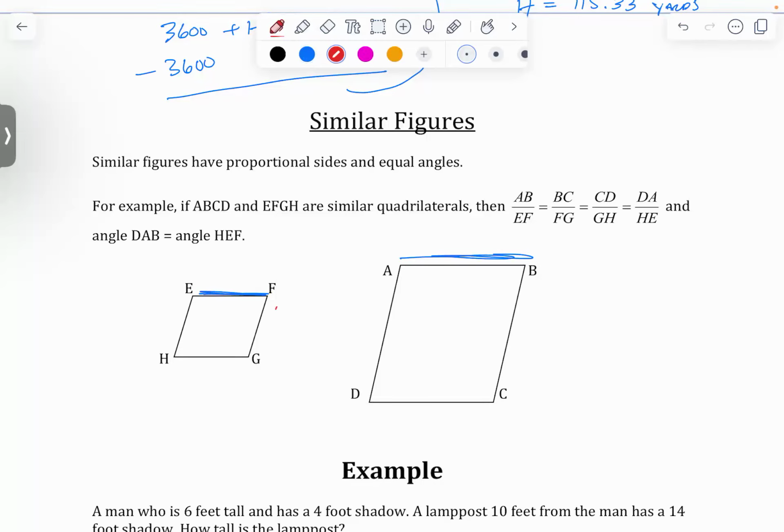I can set that up to FG and BC. So you can ratio the sides, and that's just really nice. What's even nicer is the angles are exactly equivalent. Angle EHG here is exactly EDC. Same thing for all the other angles. The angle in the same spot is exactly the same for similar figures.